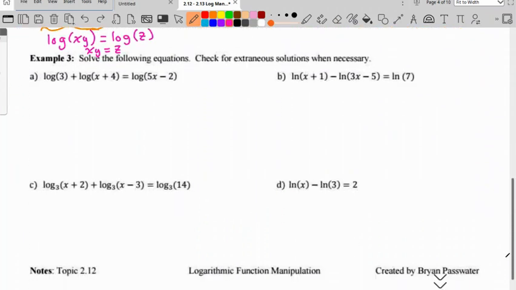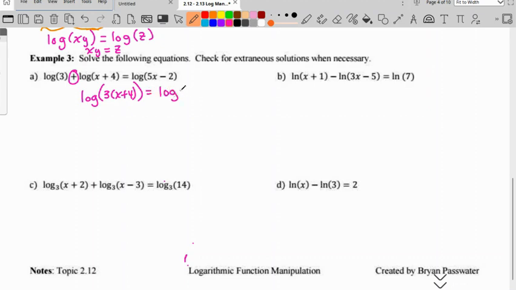Okay, so let's try some log equations. We've got multiple logs, so we're going to try to simplify to a single log on each side. The right side already is a single log, so let's see if we can get the left side to a single log. That's the sum of logs, so that's going to be the log of their product. You can write it as 3 times x plus 4, or you could distribute it. It would have been okay if you had done it in either form.